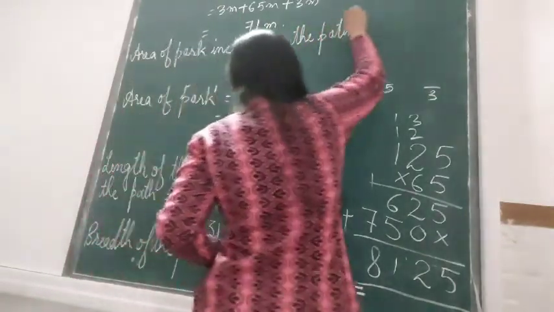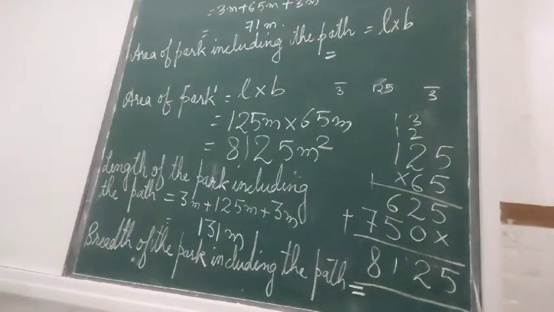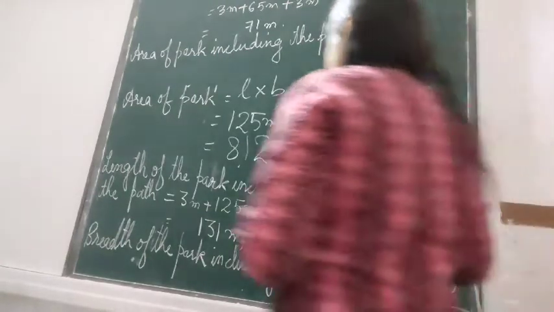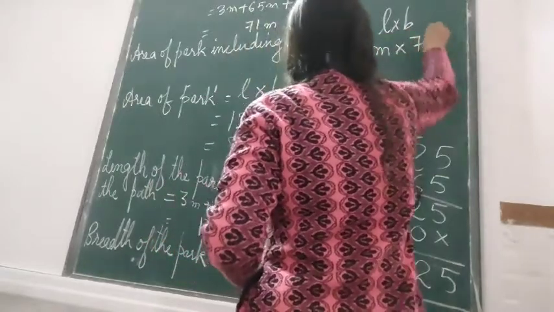Including the path, which is equal to length into breadth. So what is the length and what is the breadth?